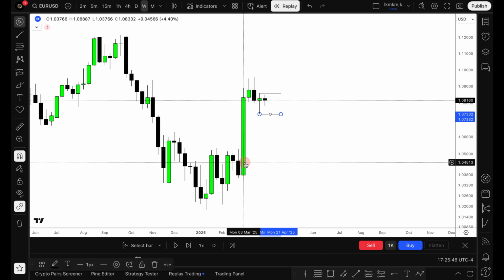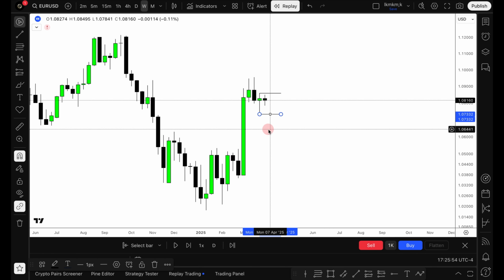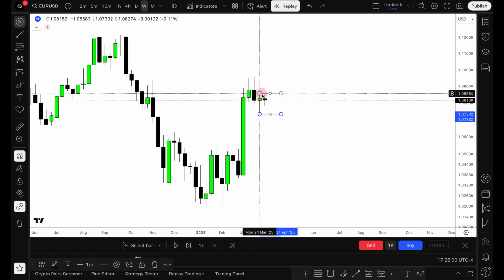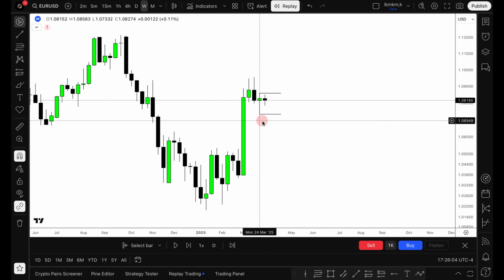Remember when I said here, price closed too far away from this low, it wouldn't make sense for price to run to that low. We've got the same thing here. Price closed closer to here, to the buy side liquidity, than the sell side, so it wouldn't make sense for price to run lower to take out sell side.